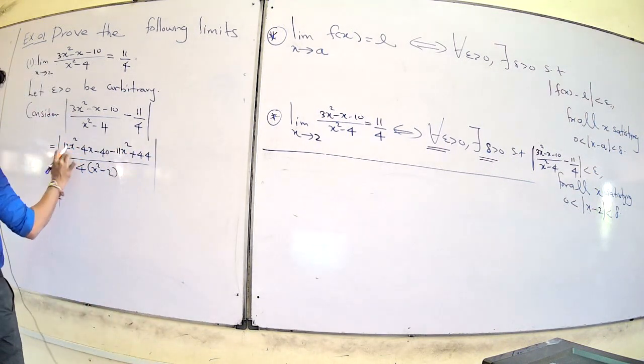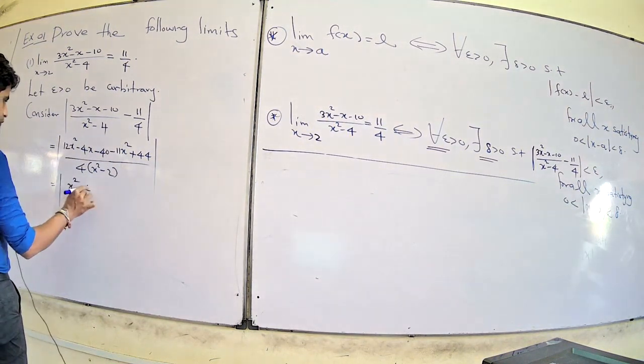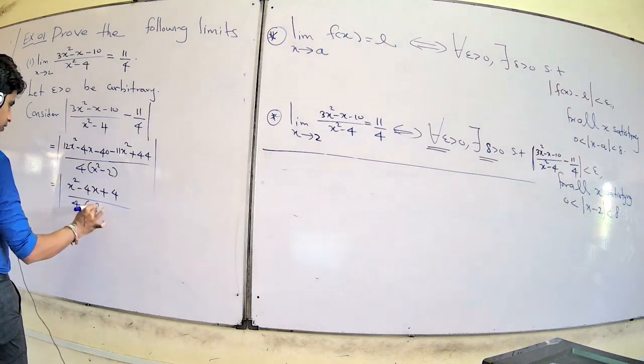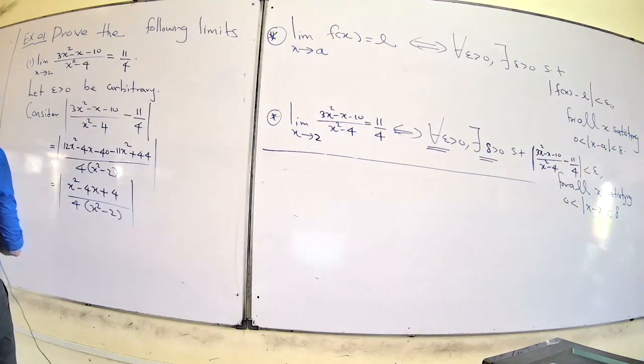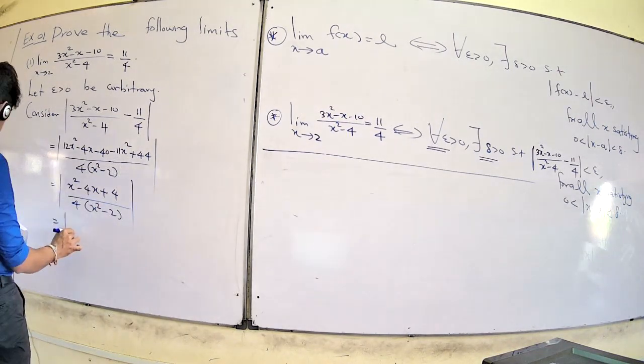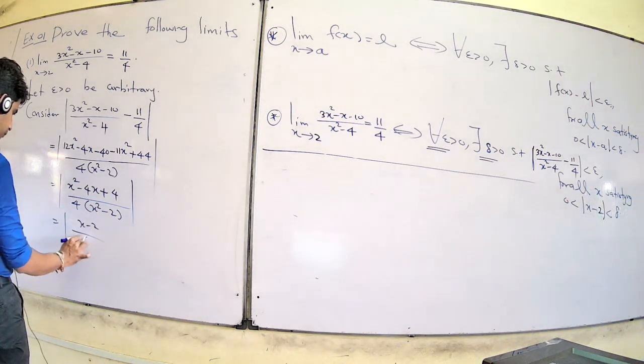Now, 12 minus 11 means x squared minus 4x plus 4, over 4 times (x squared minus 4). Now you factorize this one, we will get x minus 2 squared, and one of the x minus 2 cancels, over 4 times (x plus 2).